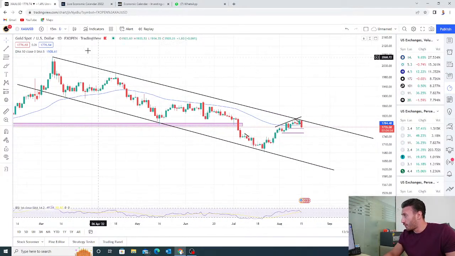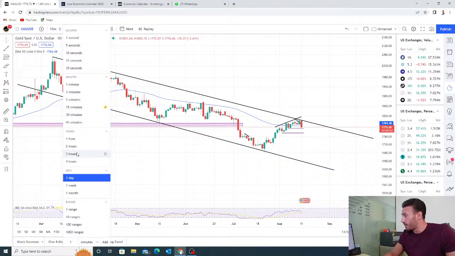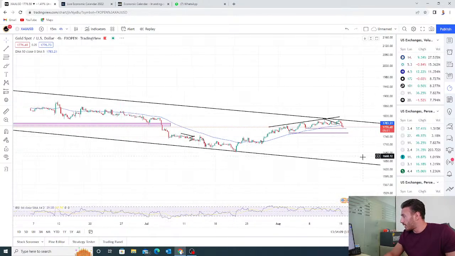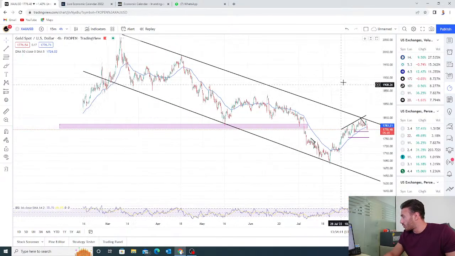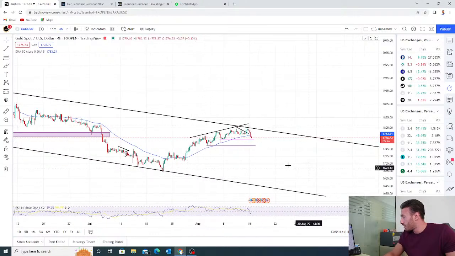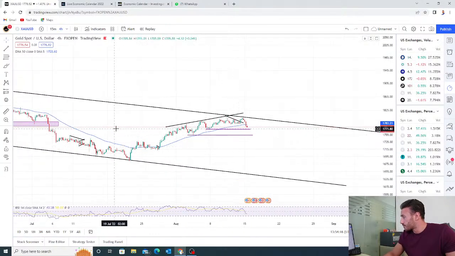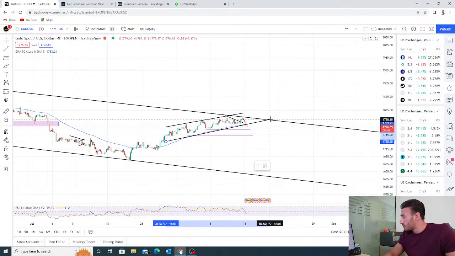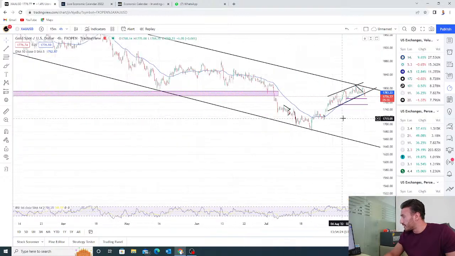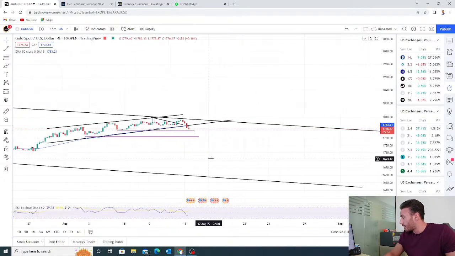But if you go to the smaller time frame, I like to go down to the 4 hour, which also gives you a clearer look. I wanted you to see the danger here also of buying.